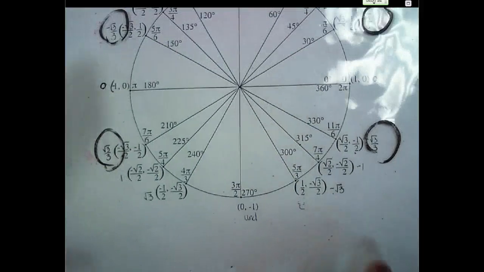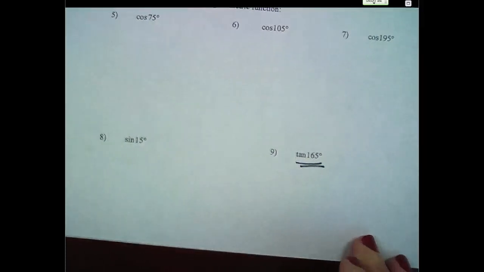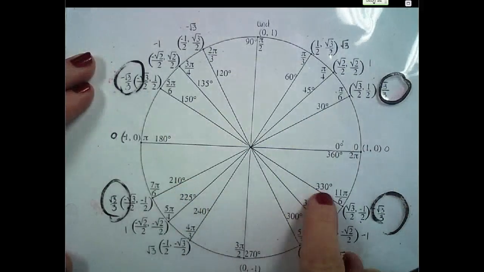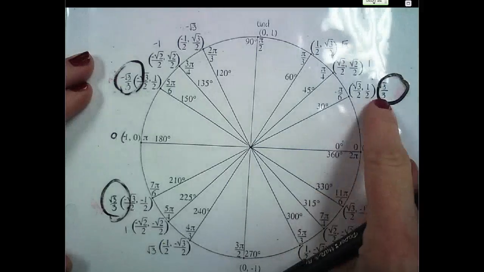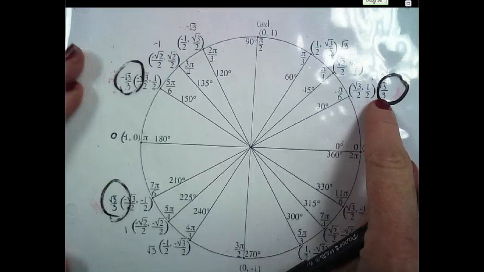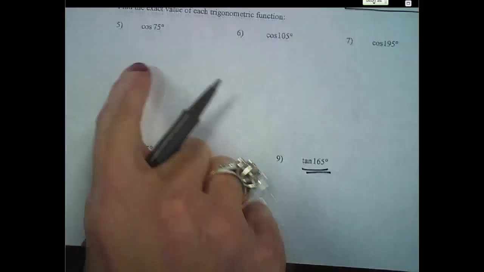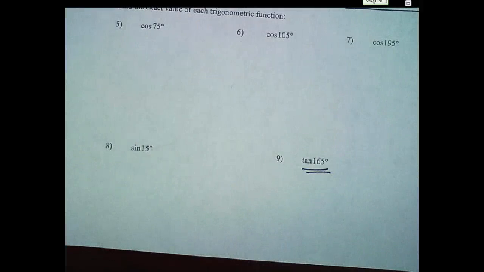So I'm going to try to come up with 165. I want to try to do it without using 30, 150, 210, and 330. All the ones that have a tangent of root 3 over 3. Do y'all see that? You'll be able to do it the other way, it's just harder. Now when you're using sine and cosine, you can use anything on the unit circle.